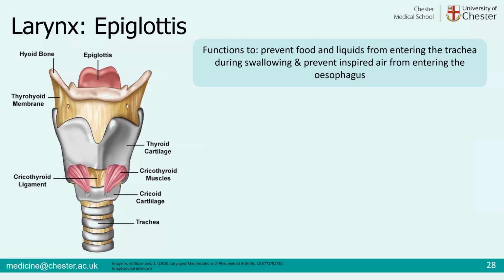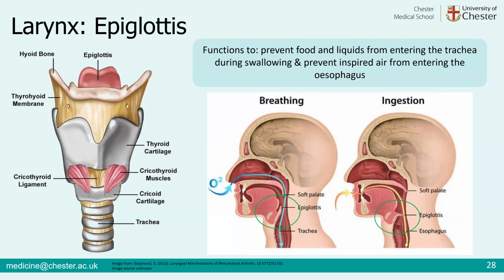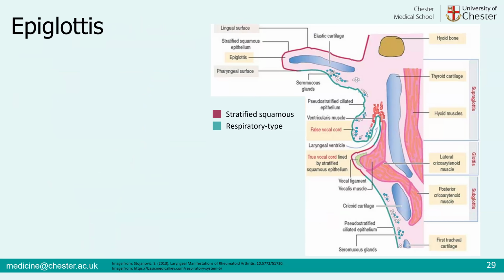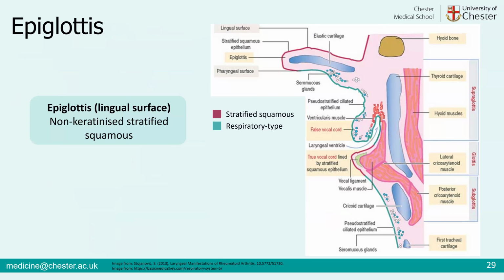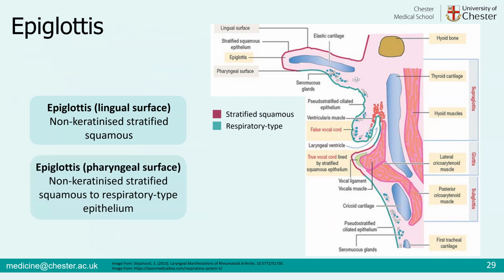But the underside part here of the epiglottis, as it folds over, is going to be in the environment of the trachea. So it's not going to have that abrasive process occurring. Whilst on the lingual surface, we have a stratified squamous epithelium to protect against the abrasion of the food bolus, on the pharyngeal surface, we don't need to protect against that because it's not going to be rubbing against any food.